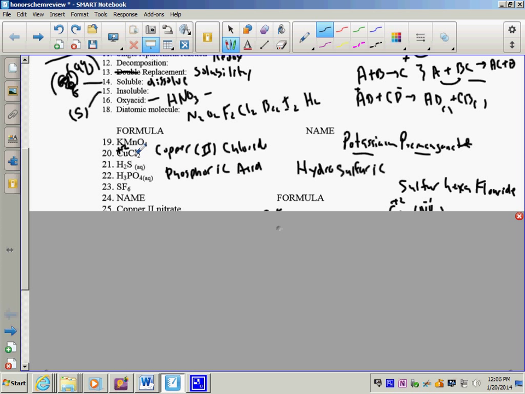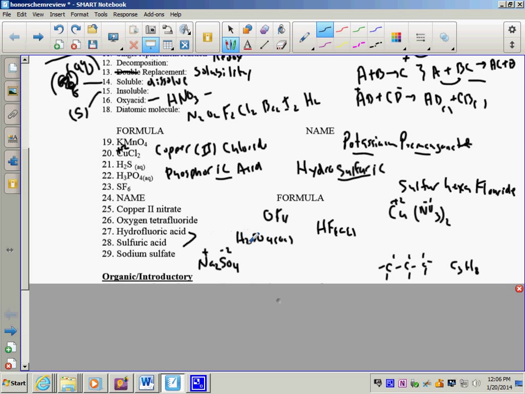Copper as the cation, chloride is the anion, need a 2 here because there's more than one version of copper, so copper +2. H2S is hydrosulfuric acid. This is the only thing that changes. Phosphoric acid, I had to put ic in here because that's phosphate. Sulfur hexafluoride is a covalent compound, 2 nonmetals.